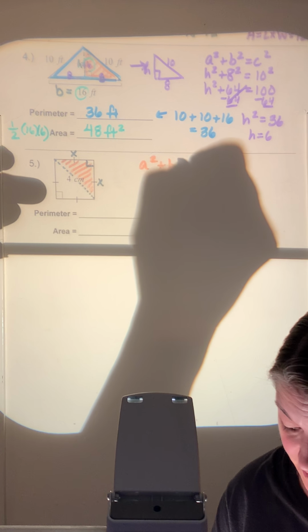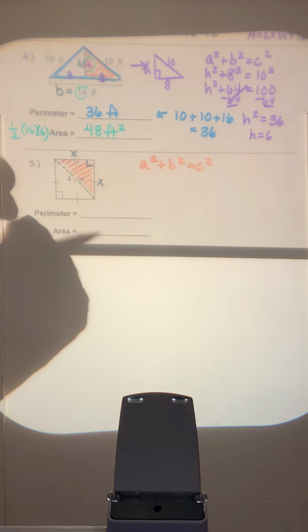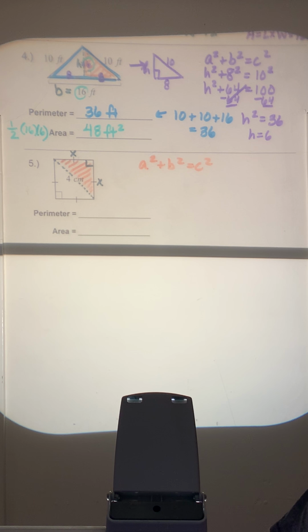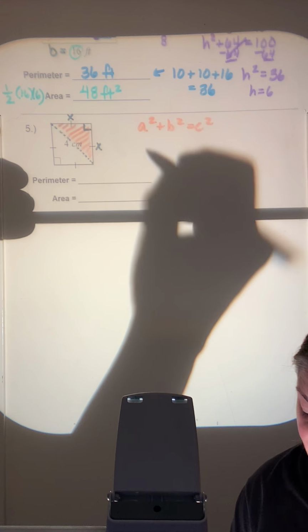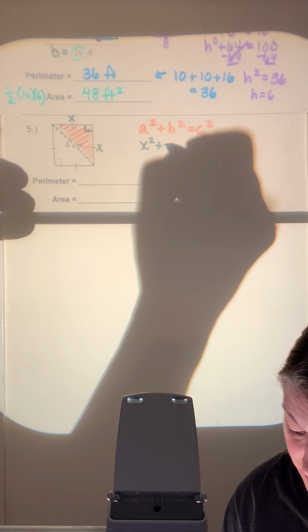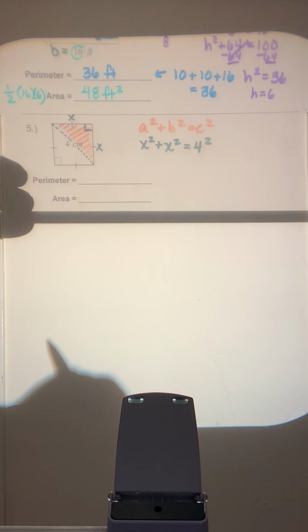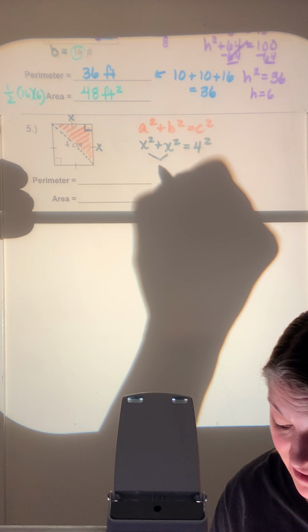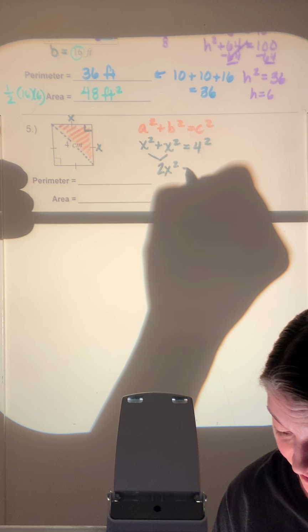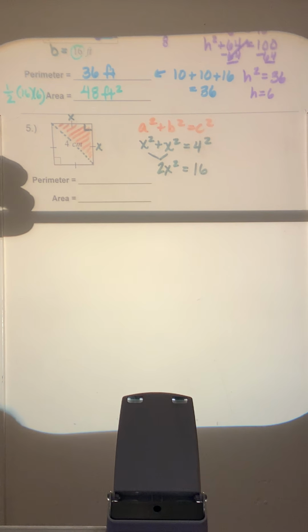So when we plug into our Pythagorean theorem, a squared plus b squared equals c squared, that's just going to be x squared plus x squared equals 4 squared. 2x squared equals 16.